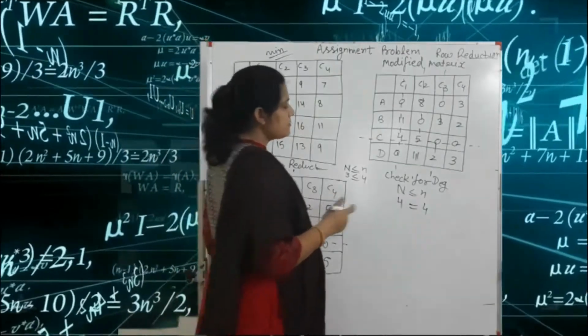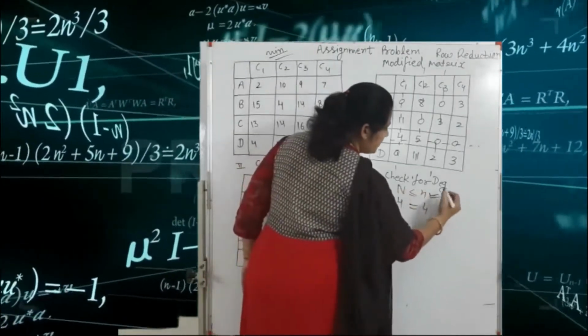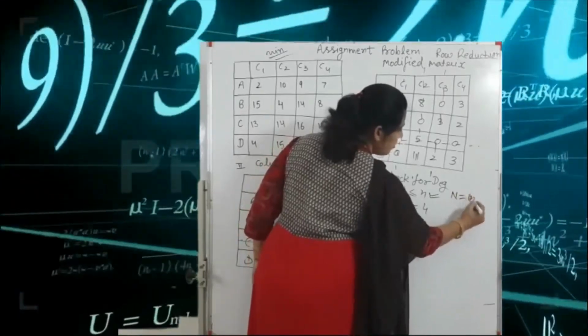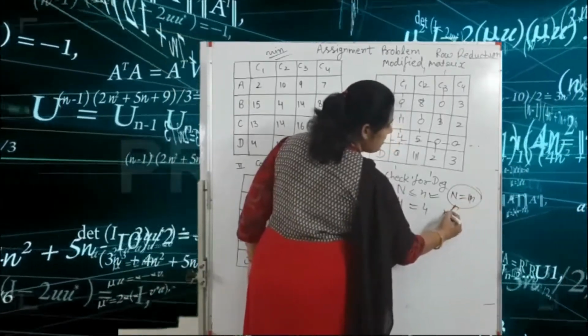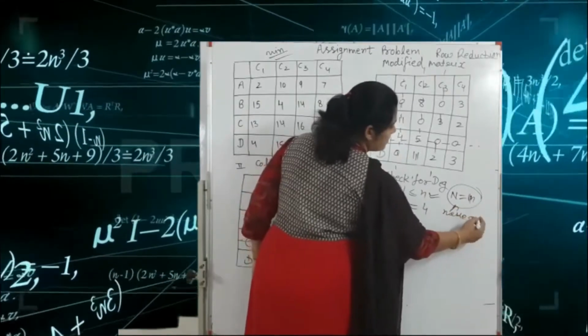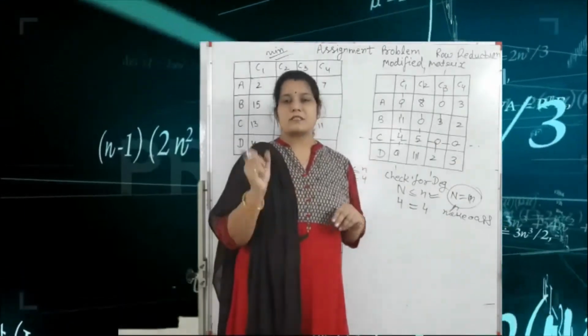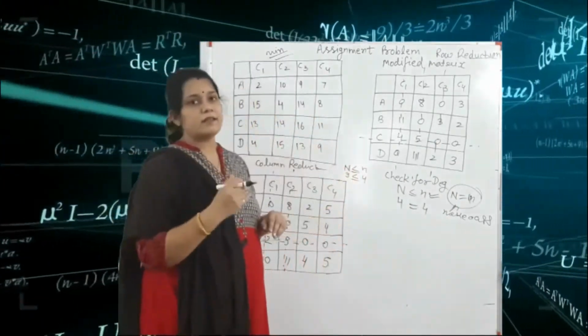Sometimes, if we find capital N is equal to small n, then we make an assignment. Keep in mind, if capital N is equal to small n, then we make an assignment.